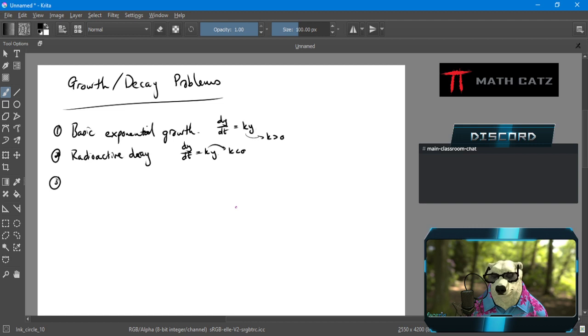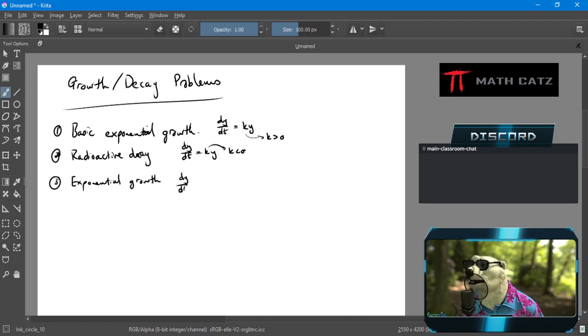Then we said, okay, well, let's look at exponential growth, but understand that there are space limitations involved. If I put fruit flies in a jar, eventually they're going to run out of space, and that affects my growth rate.